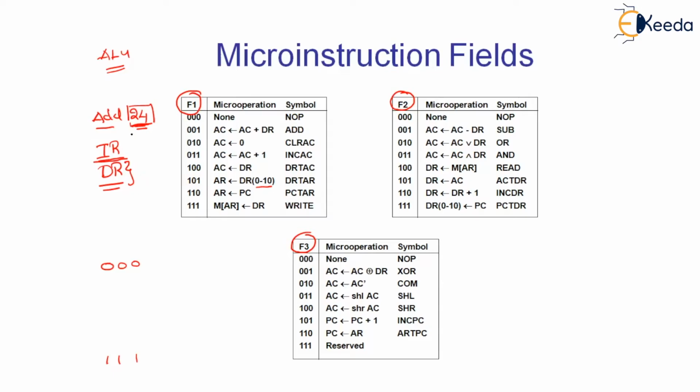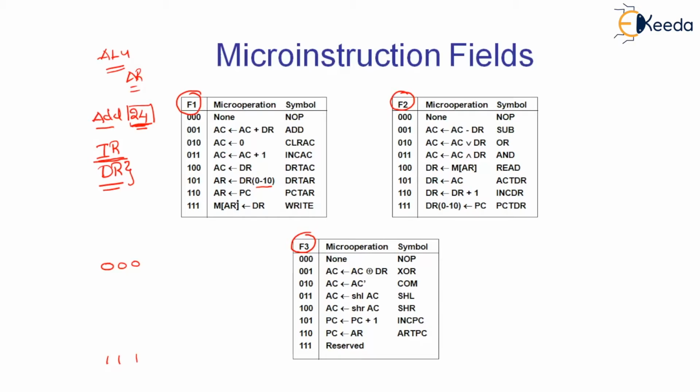For that, we need to transfer this address part to the address register, since the address register is the only register that can locate addresses within the main memory. So if the first F1 field is 101, then the contents of the data register, the least significant bits 0 to 11, will get transferred to the address register.